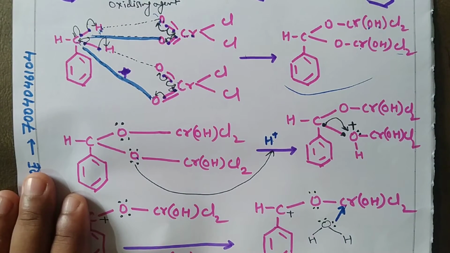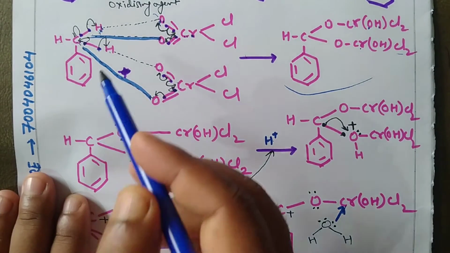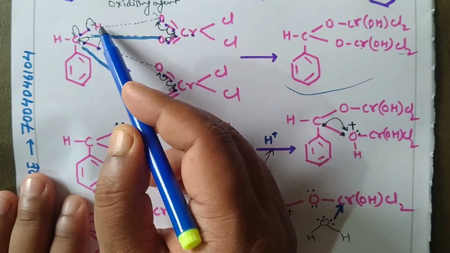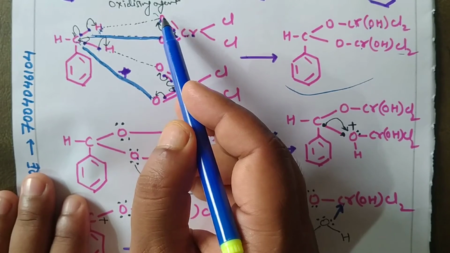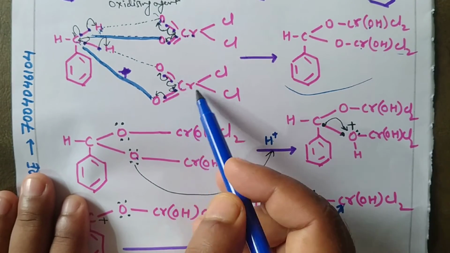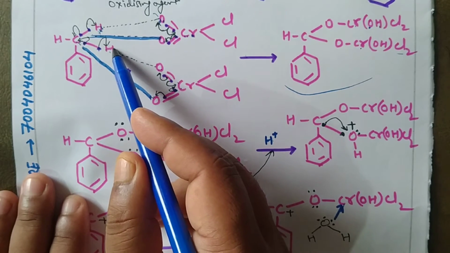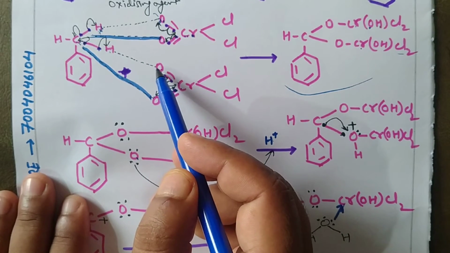Now after that, what happened is that this oxygen bonded with the hydrogen atom to form an O-H bond. Similarly, this oxygen will bond with this hydrogen to form an O-H bond.